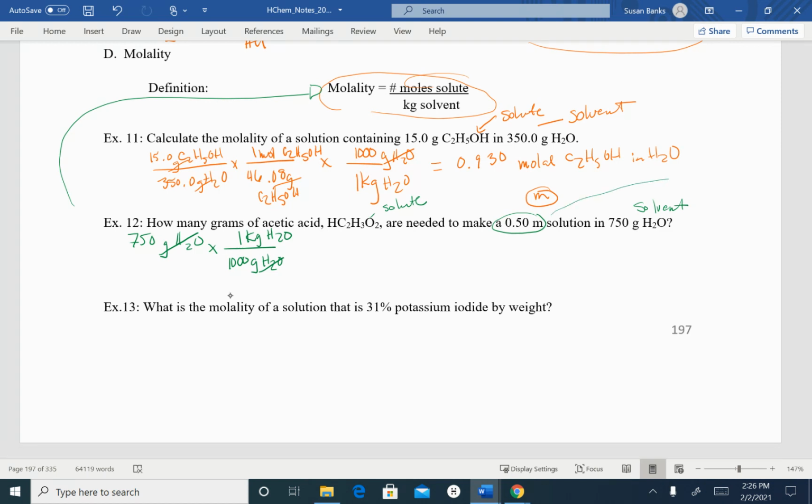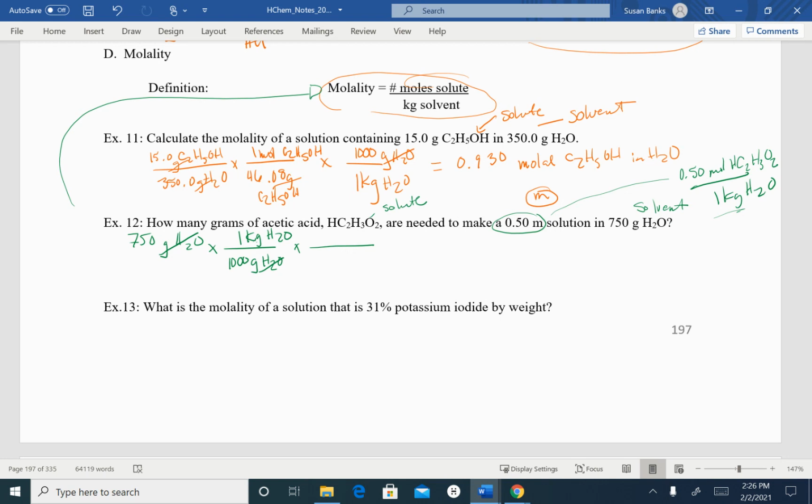It tells us that we have 0.50 moles of acetic acid in 1 kilogram of water. That's what that means.